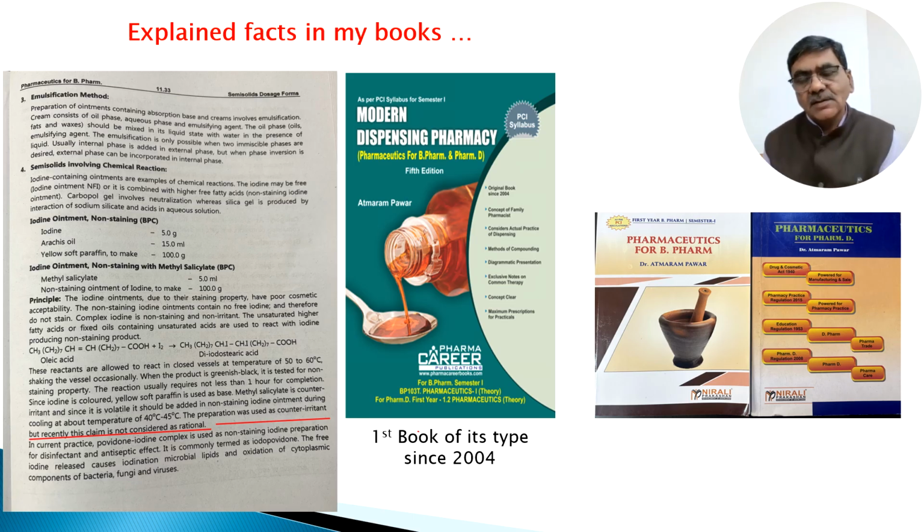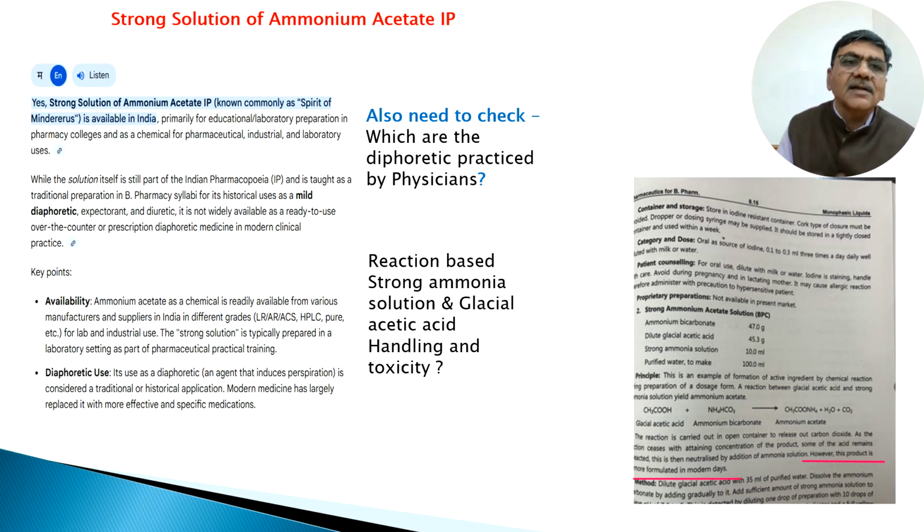I mentioned it, though since it is in the syllabus, I also included it in my book, but I have that note part. All these current books of mine, on pharmaceutics for B Pharm or pharmaceutics for PharmD, have that underlined note, that this preparation is outdated and we are just studying it as an art of compounding, nothing more than that.